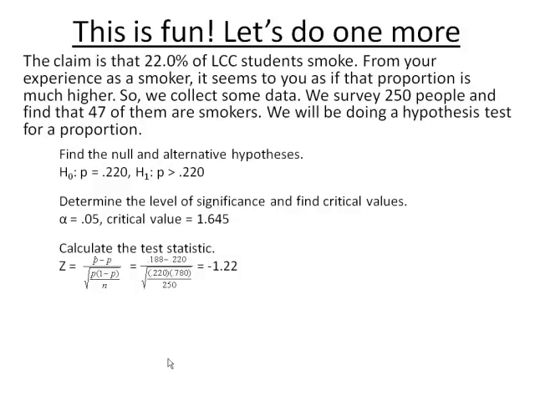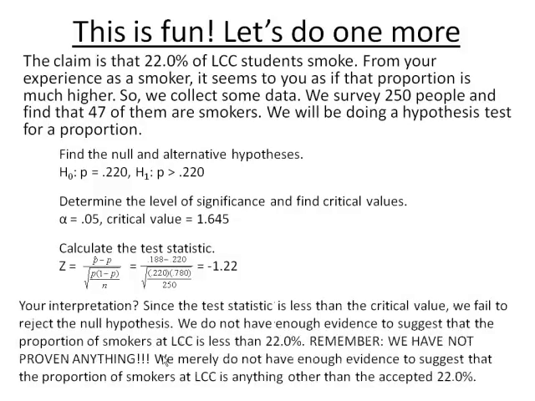Our sample proportion happened to be 18.8%. Well, again, since the test statistic is not greater than the critical value, we fail to reject, and we don't have evidence to support our claim that more than 22% of people smoke on campus.